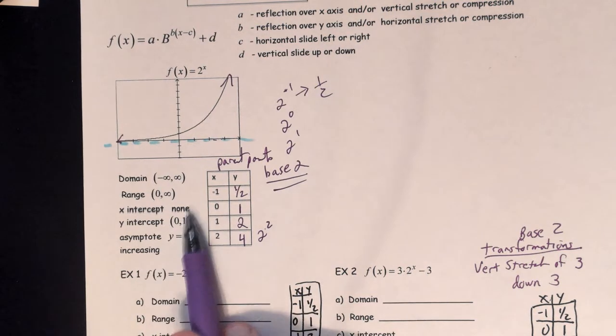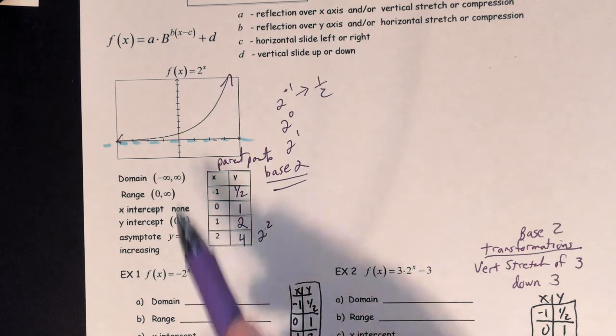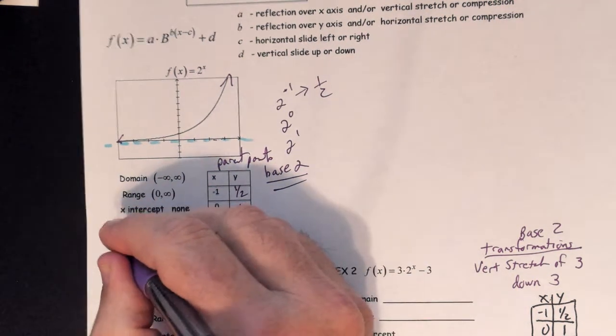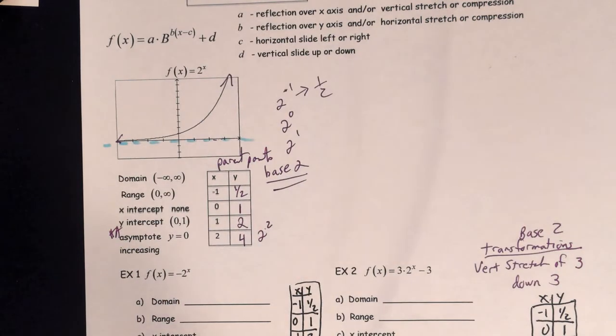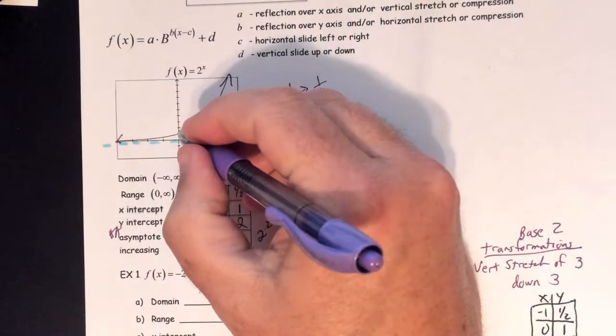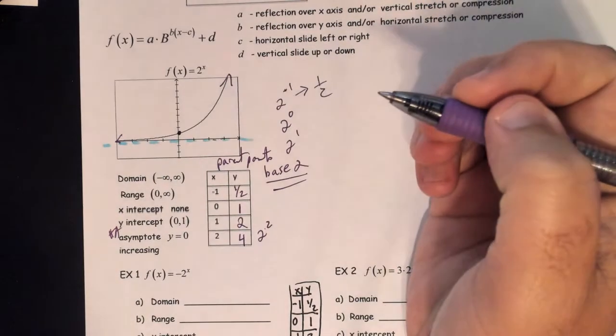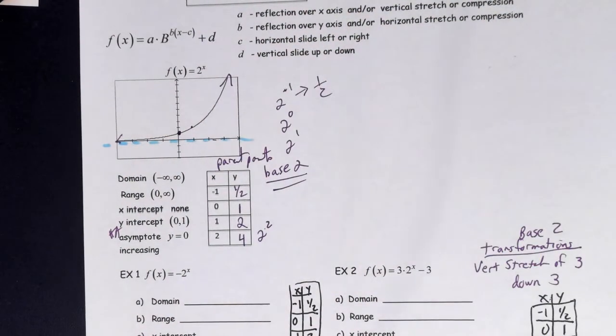There is no x-intercept because of the horizontal asymptote, which is at y is equal to 0, and notice it is increasing. So that's how base 2 is always going to look. Notice the 0, 1, the 1, 2, and so forth. That's why it graphs like it does.